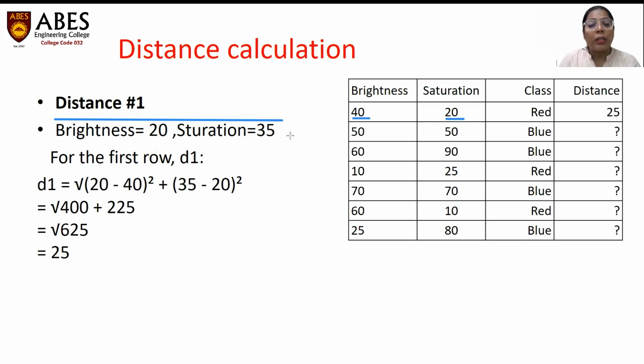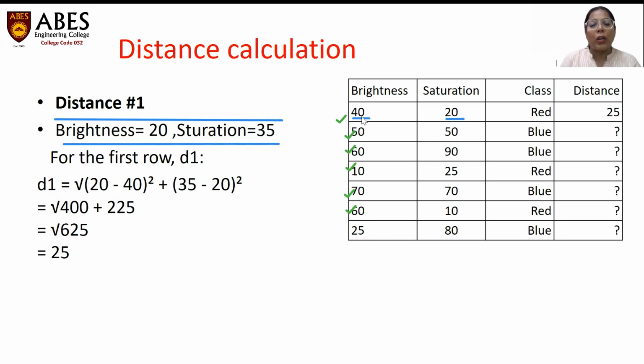We need to predict whether this combination belongs to the red class or blue class. Here we have the available data, and this is the observed or query data. Now, how do you calculate the distance? We will calculate the Euclidean distance for each row, for all these rows.